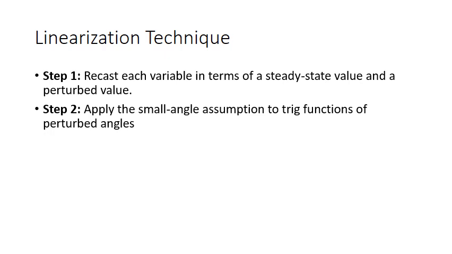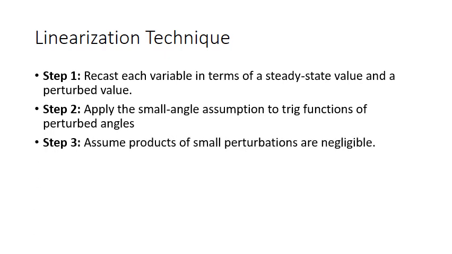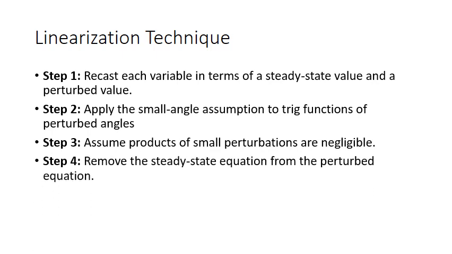Sine theta for small theta will tend to theta in radians. Step 3. Assume products of small perturbations are negligible. Step 4. Remove the steady-state equation from the perturbed equation. The remaining perturbed equation is a linearized differential equation with the perturbed variables as the unknowns. Step 2 and Step 3 may be interchangeably applied according to the required simplifications.